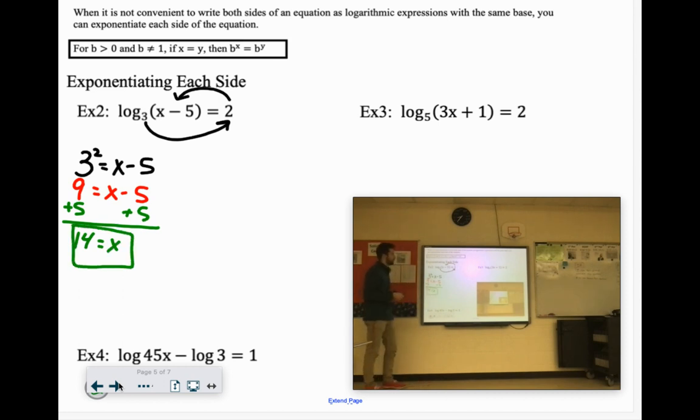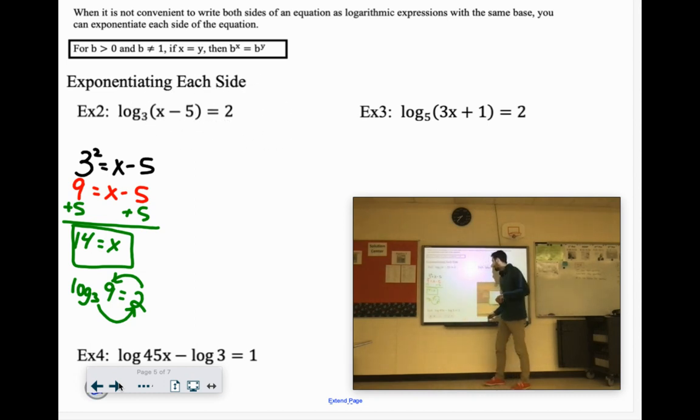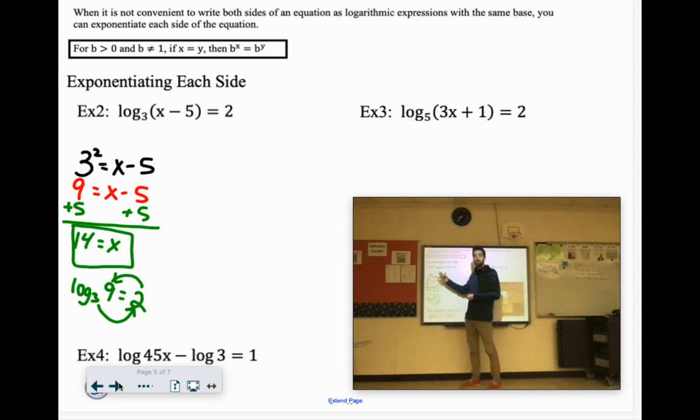And if you were to sub that into the original equation, log sub 3, 14 minus 5 is 9. And this makes sense because 3 to the second power equals 9. So it works. The way the textbook will show you is what we were just doing on that last slide, where you give them both the base, whatever is in your little sub spot.